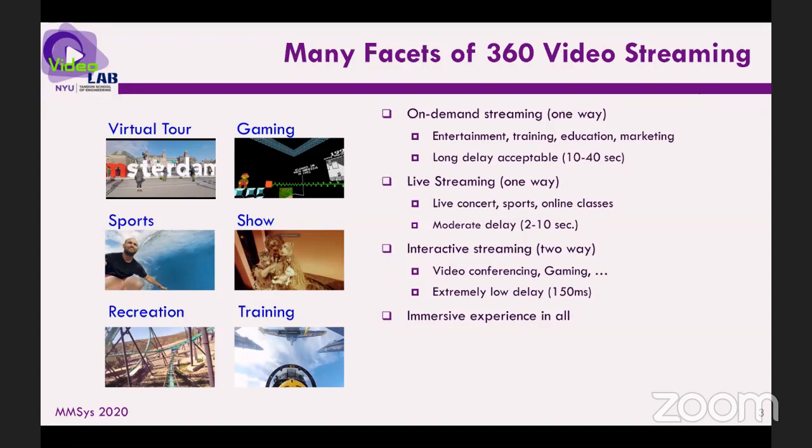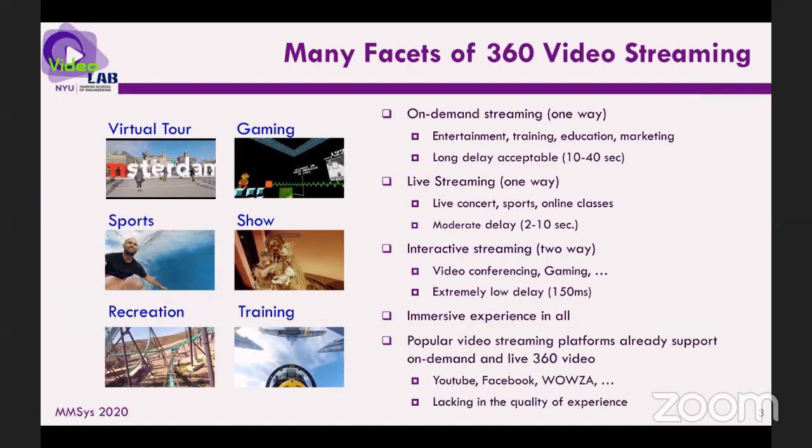So this will provide the participant an immersive experience. Today, popular video streaming platforms already support on-demand and live 360 video, and 360 video conferencing products are also on the market. However, today's solutions still lack in the quality of experience that they can provide.